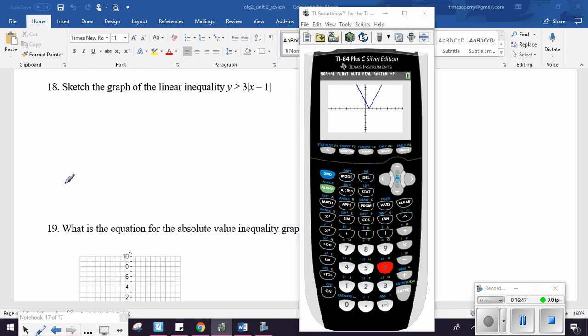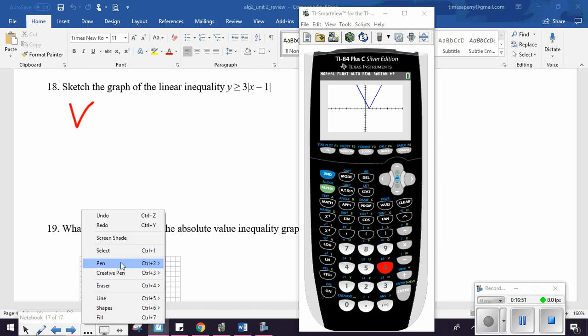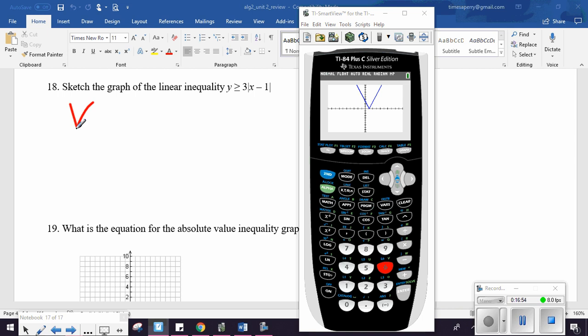We need to make sure we get the vertex, that lowest point down there, and one point on the left and another point on the right of the vertex. The x value for our vertex looks like it's at +1, so we'll look for +1 on our table.